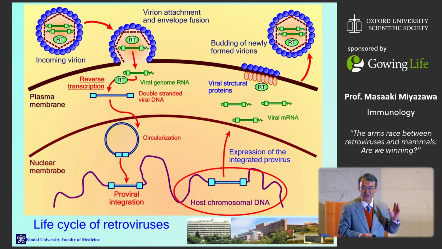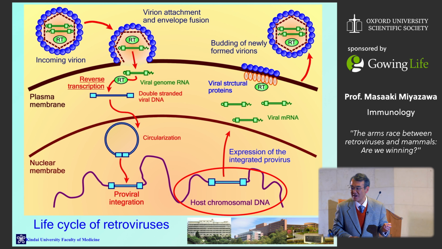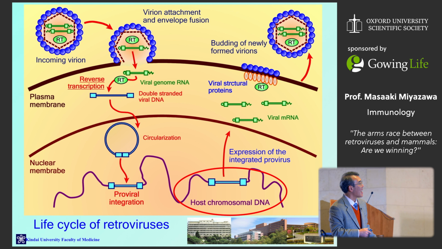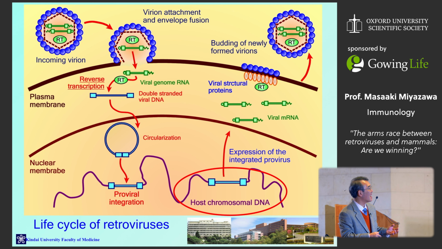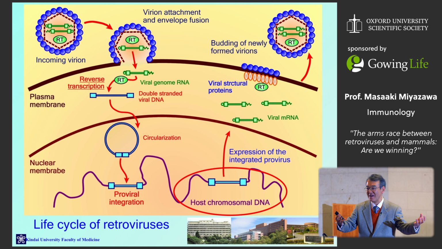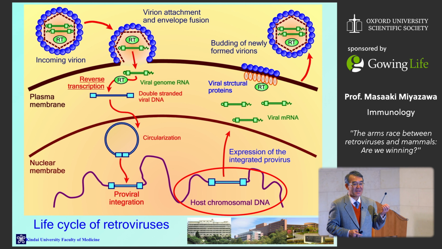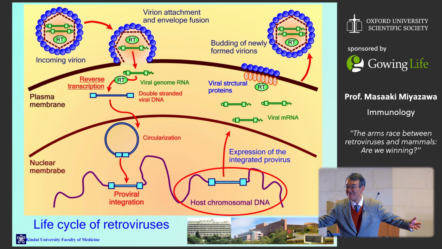If this integration occurs in germ cells, like cells that produce sperm or ova, okay, it causes the presence of the viral genome in the sperm or egg, and when the infected sperm or egg is fertilized and produces the embryo, it causes the presence of the integrated provirus in all the cells of the progeny individuals, right?